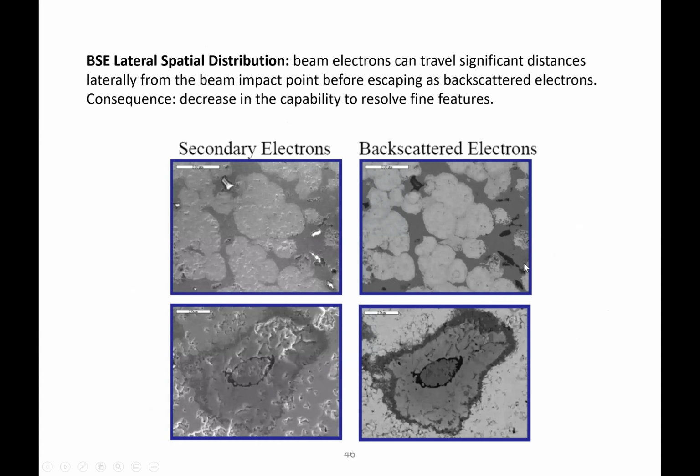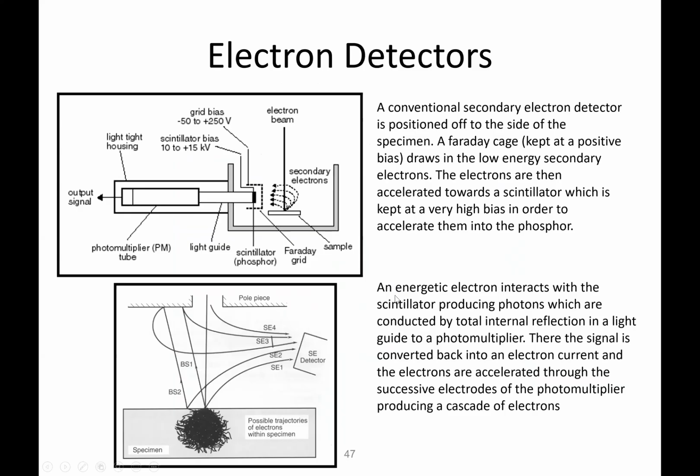The small, shallow energy shows surface information, and the backscattered electron with very high energy can show information from deep inside. By combining these two and arranging the detectors, this is the secondary electron detector for the surface image, and with another backscattered electron detector here, we can look at the surface information and also see the structural information from inside.